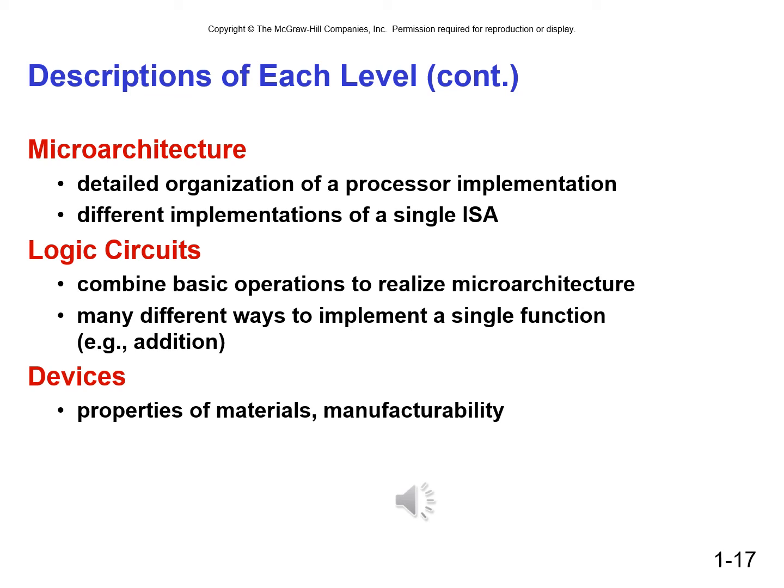And that includes logic circuits, basic operations to realize the microarchitecture. And you should know there are many different ways to implement a single function, such as addition, or a logic function such as or, nor, or not. Okay? And the actual devices, the properties of the material, the manufacturability come into play.